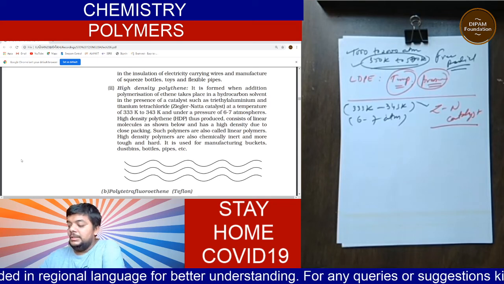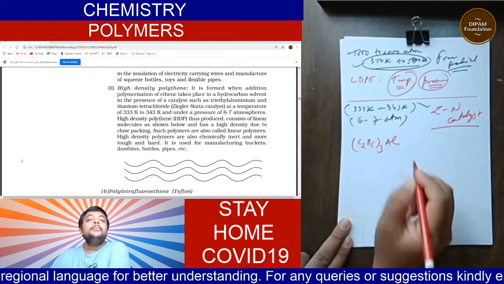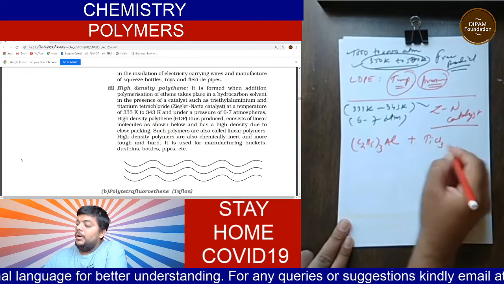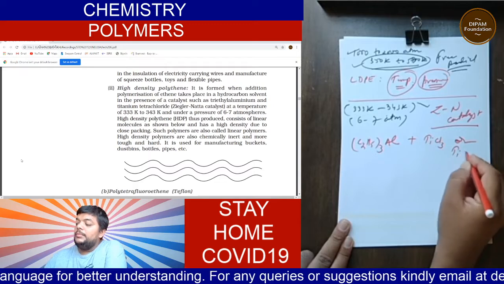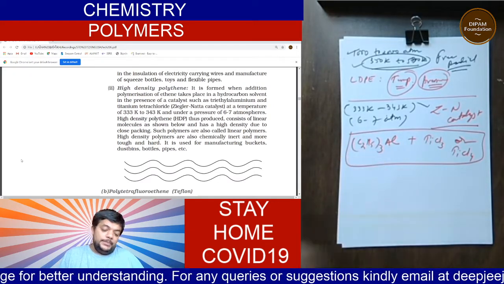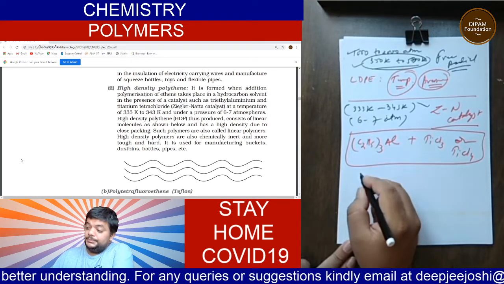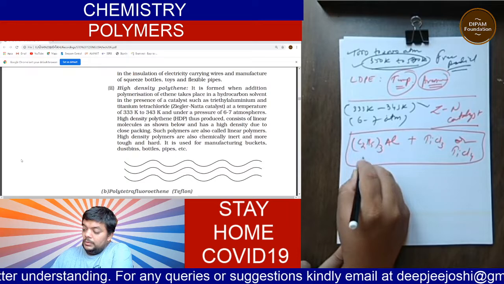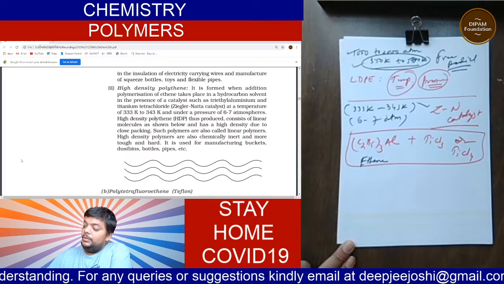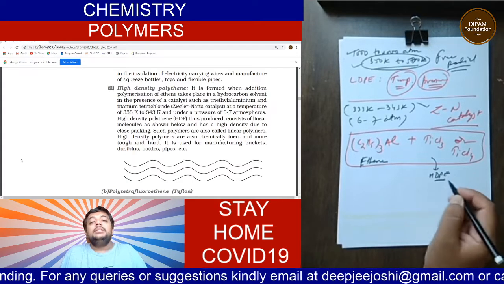Ziegler-Natta catalyst is triethyl aluminum plus titanium trichloride or titanium tetrachloride. This combination is added into the reaction vessel along with your ethene, and it will result in a product that is HDPE, high density polyethylene.